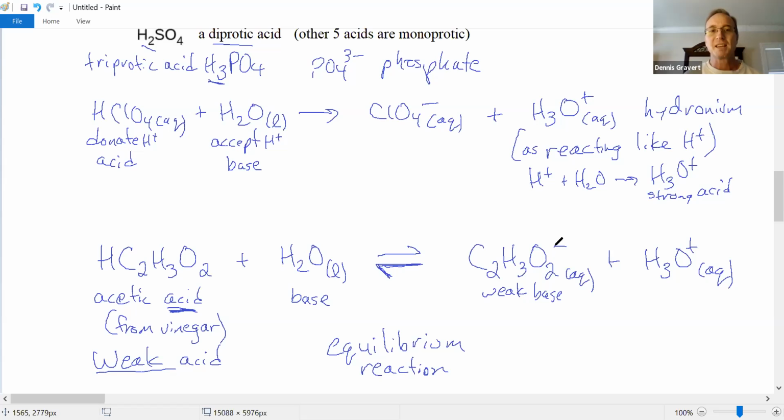Anyways, weak acid, not all of them release, and the reaction reverses. So it turns out we got the acid here. This molecule is an acid, giving an H plus to this molecule, which acts as a base, except H plus, and then you turn back into this molecule and that one. Is it time to introduce that concept?